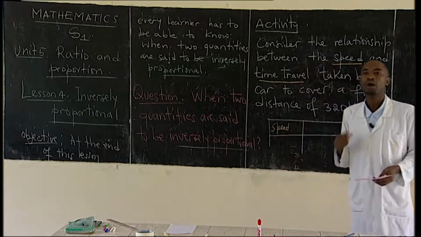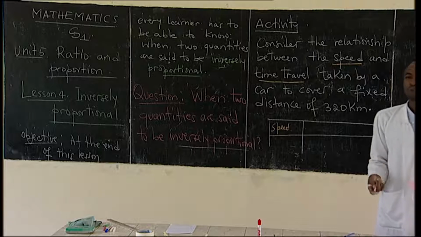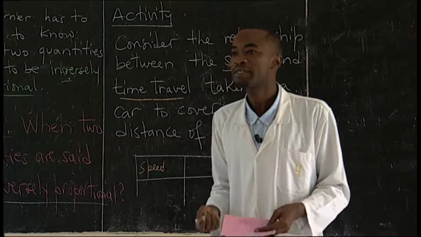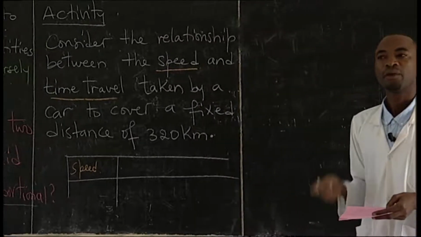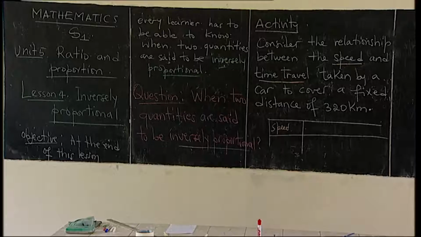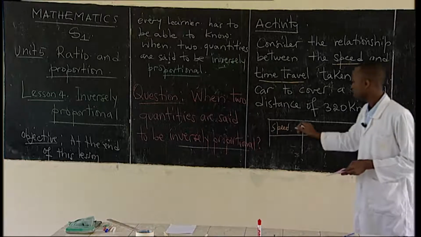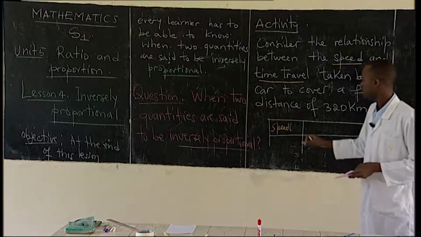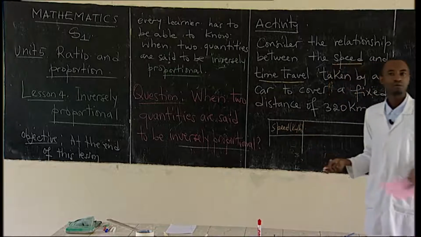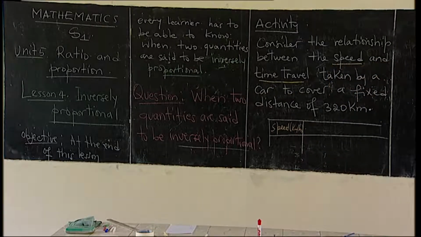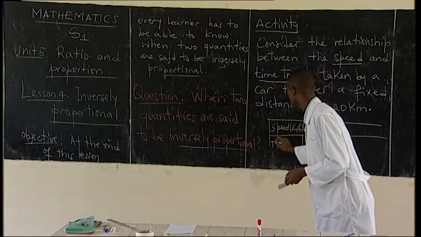You have to remember which unit you use when expressing speed. We actually express speed in kilometers per hour or meters per second. And also, we have to look at time.